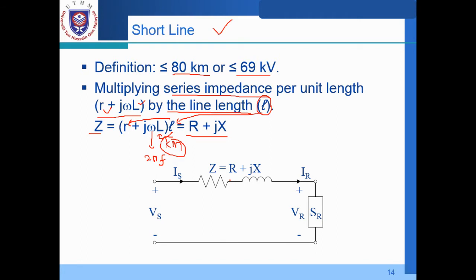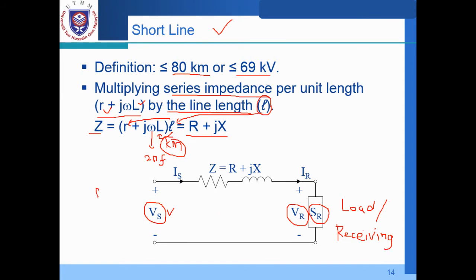So this is the equivalent circuit of the short transmission line. We have Vs, the sending end voltage. On the other part, we have Vr, the receiving end voltage, as well as the apparent power at the load. So we have the load over here, the receiving part on the right hand side of the diagram.